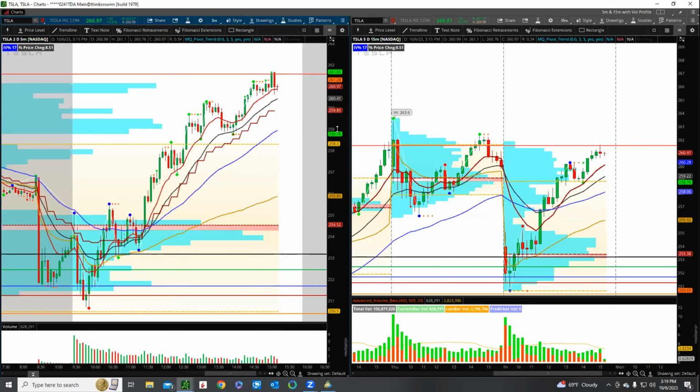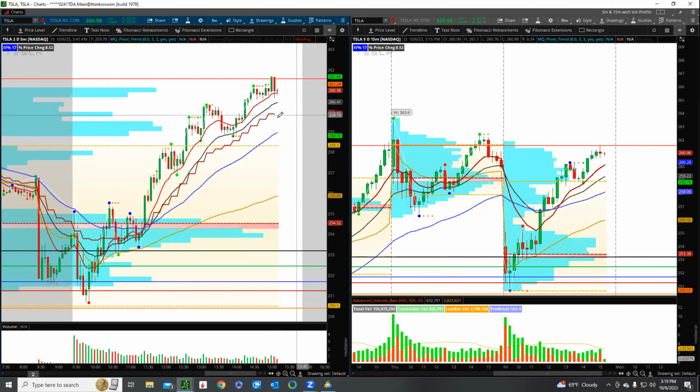So here's my if-then. If price rolls over and interacts with this 15-minute 10 EMA, then I believe price is going to bounce one more time, right?